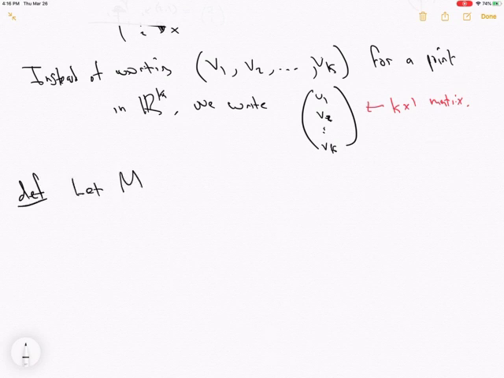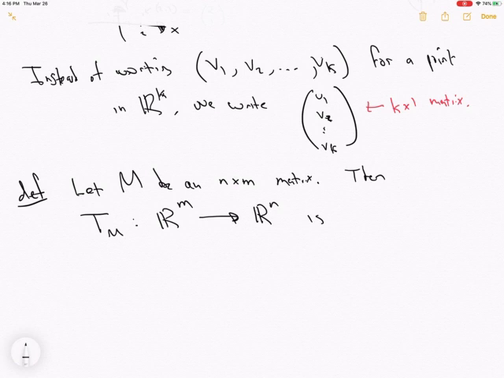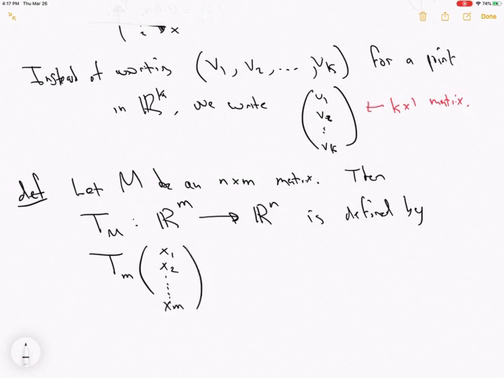Let M be an n by little m matrix, then the function, which we write Tm, so this is a function that goes from Rm into Rn, is defined by, so it's a function which eats a point in Rm, and a point in Rm is a collection of m elements, which we write as a column, and we're going to define what it spits out to be the result, that's a capital M here, of doing matrix multiplication M times x1 through xm.